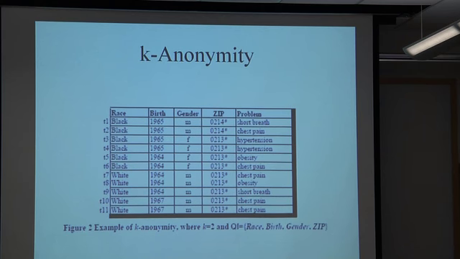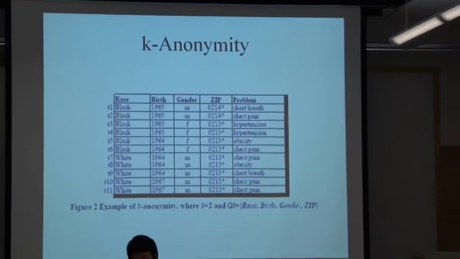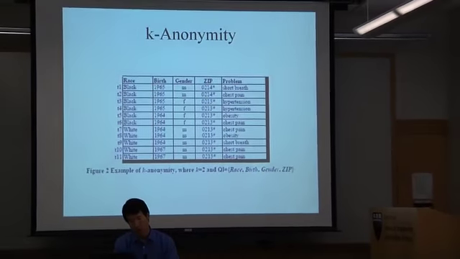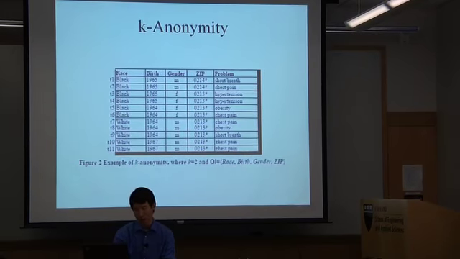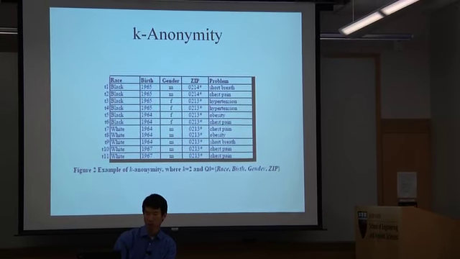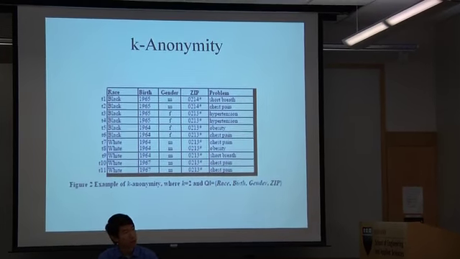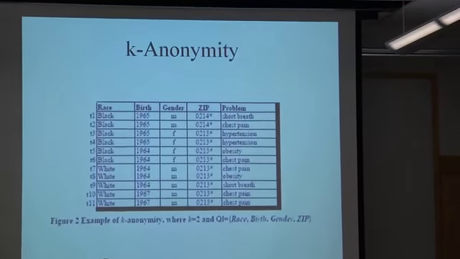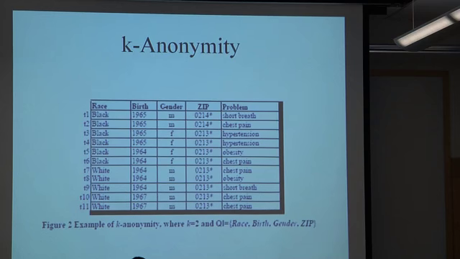The other problem is what's called the homogeneity attack. That is to say, sometimes adversaries can learn information without having to distinguish between different records in the database. In this case, if I'm interested in the medical diagnosis of someone who is a white male born in 1967 with zip code 0213 something, and I look at the last two lines, I see that the adversary is unable to distinguish between these two records, but nevertheless learns that this person has the medical diagnosis of chest pain.